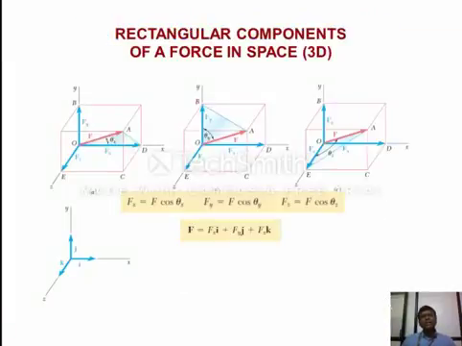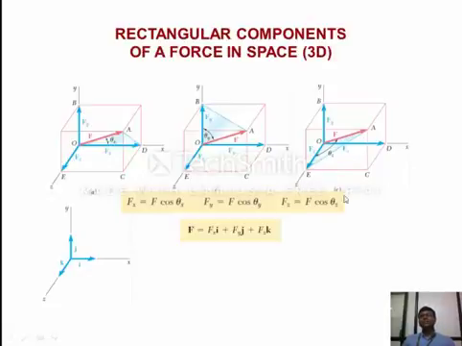So now look at another one in a 3D space. If you project along the x-axis, theta x, theta y is the angle between F and the y-axis. F and the x-axis is theta x, and Fz is F cos theta z, that is between F and the z direction.